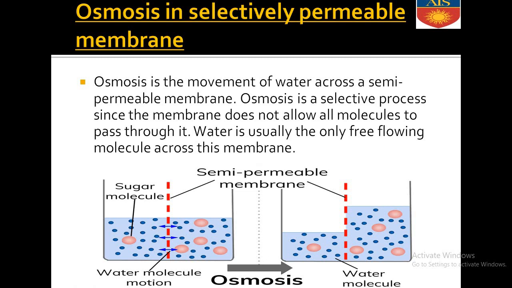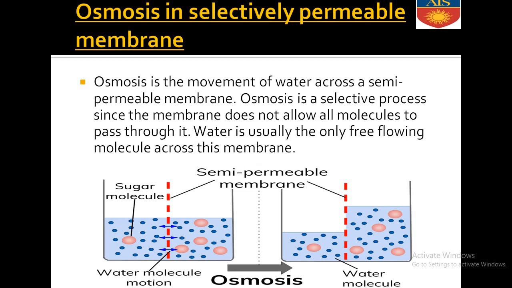Clear? Now if you want to define osmosis by taking the solute as your term, then osmosis is the movement of solute molecules from the region of its lower concentration to the region of its higher concentration. That means when the solute concentration is lower, there is a high concentration of solvent or water.